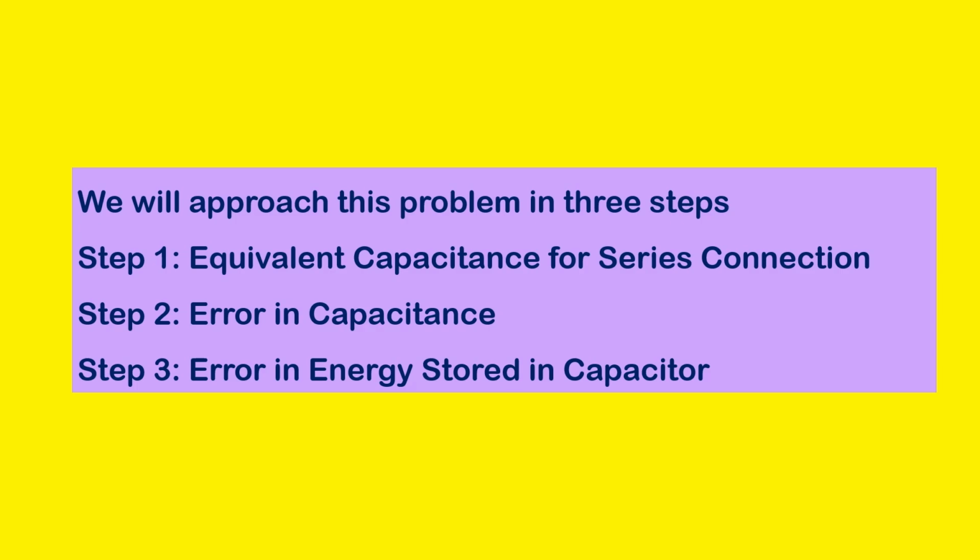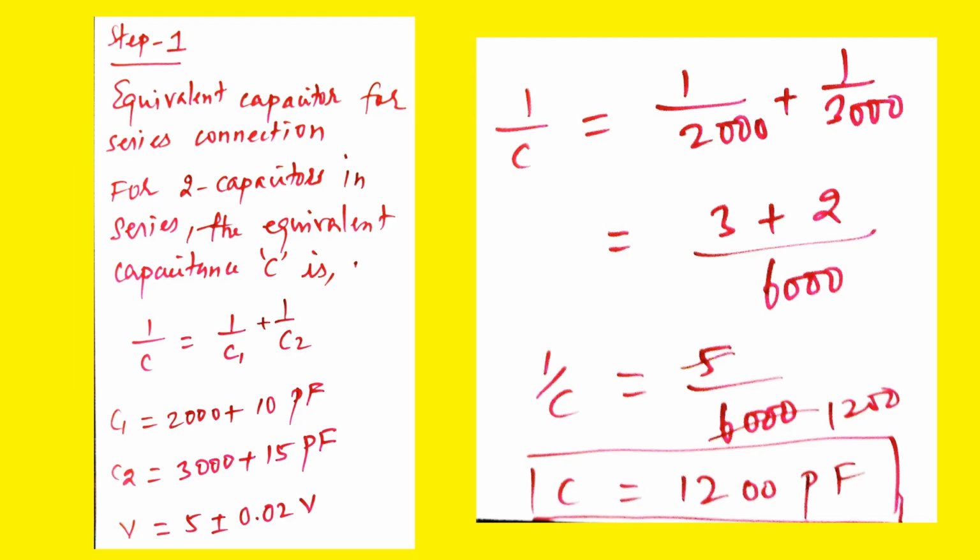In the second step, we calculate the error in the capacitance, that is, for the equivalent capacitance, what is the error. Third step is to calculate the error in the energy stored in the capacitors. So we will just see how each of this is done.